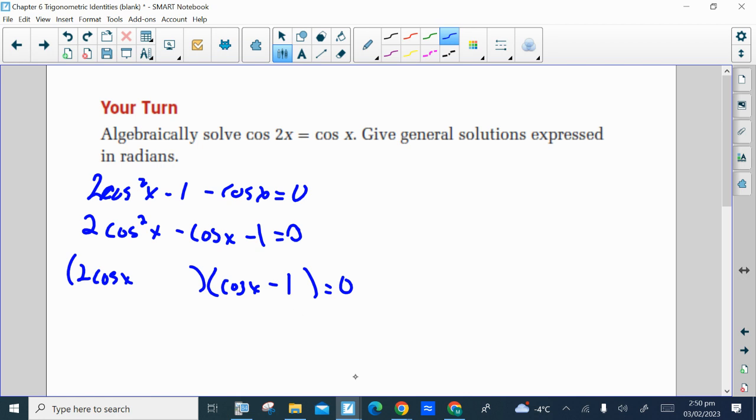So you need the minus 1 with the cosine x, the positive 1 with the 2 cosine x. So when you multiply these out, the outer products will be negative 2 cos x plus 1 cos x gives us the minus 1 cos x in the middle.